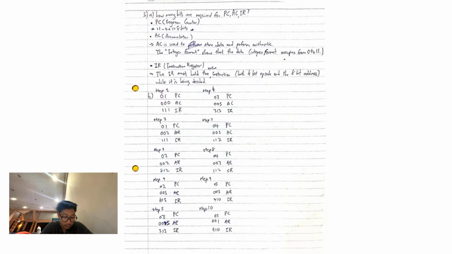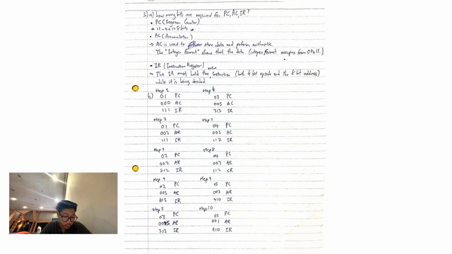And then step 7 to 8 is 04 and 04. The PC remains the same, but 112 it subtracts. The AC goes from 005 to 003, whereas the IR changes from 112 to 410.